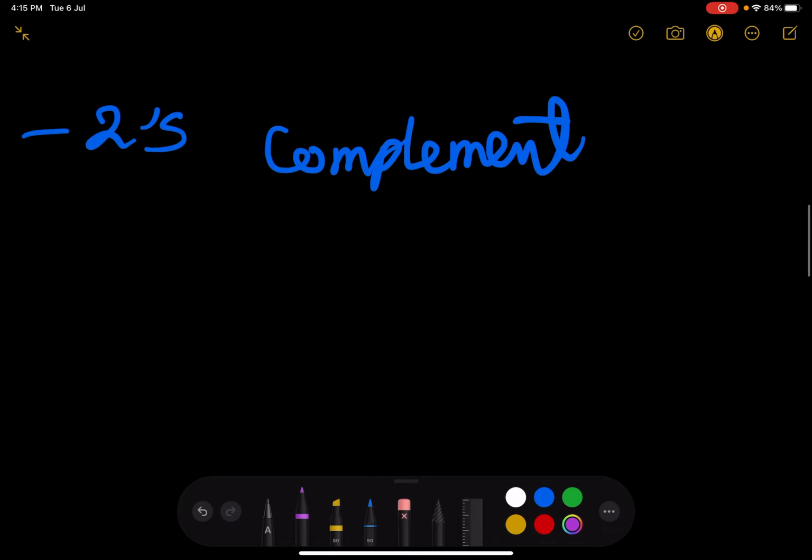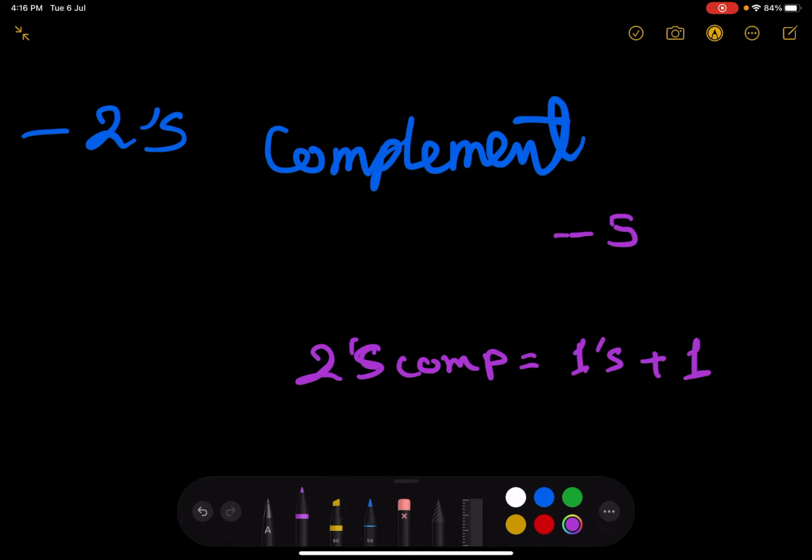If you want to get the twos complement of negative 5, you will take the ones complement of the number. Let me write this rule here: twos complement of the number is equal to ones complement of the number plus 1.